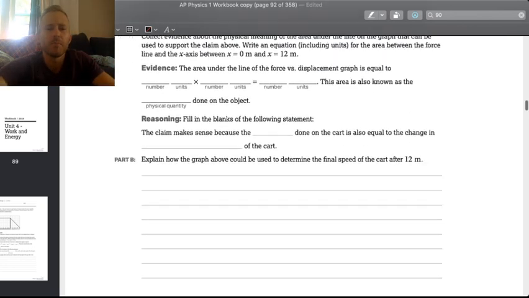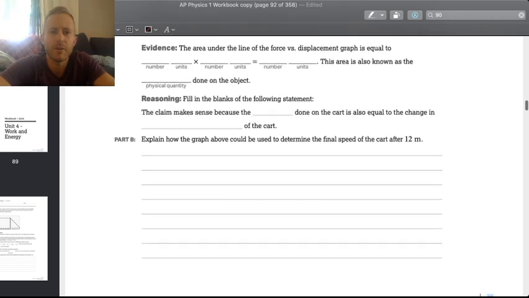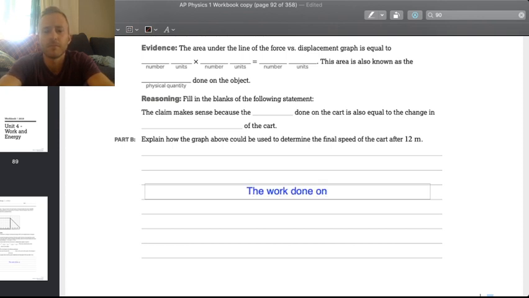Part B says explain how the graph above could be used to determine the final speed of the cart after 12 meters. So what I would say is the work done on the cart is converted into the cart's kinetic energy.